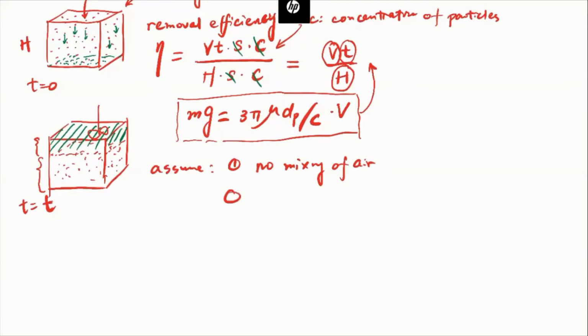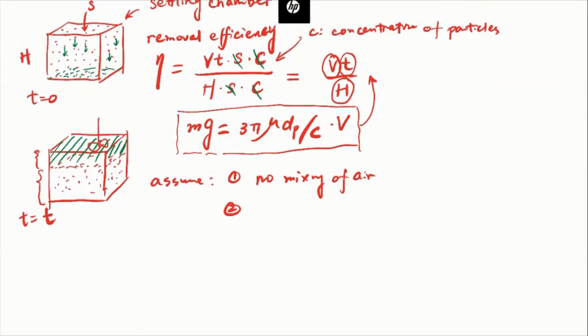The second thing is that we assume all the particles have the same size. Right now, we solved for this settling velocity by assuming that particles have the size of dp. But particles with different sizes are going to have different settling velocities, and we cannot use this equation directly to solve that.